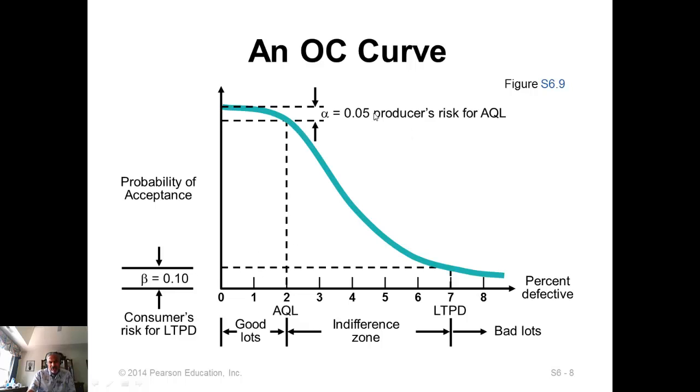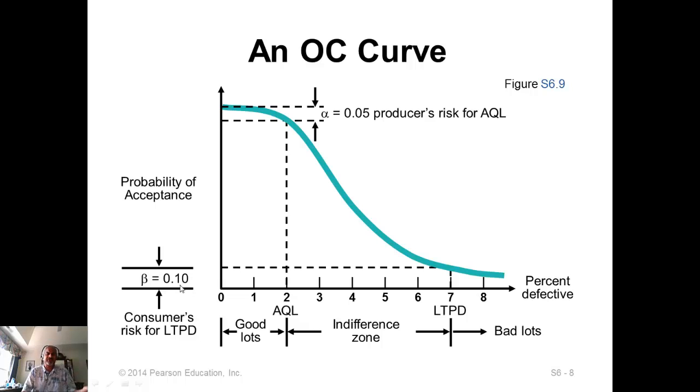So that's your producer's risk. And usually you'll set it at 5%. And here is the LTPD, which is really a bad lot, and you want to reject it, and the probability of accepting the lot is really small, but still it is not zero. So there is a level of probability of accepting this lot, and that is consumer's risk, 10%, or this could also be 5%.